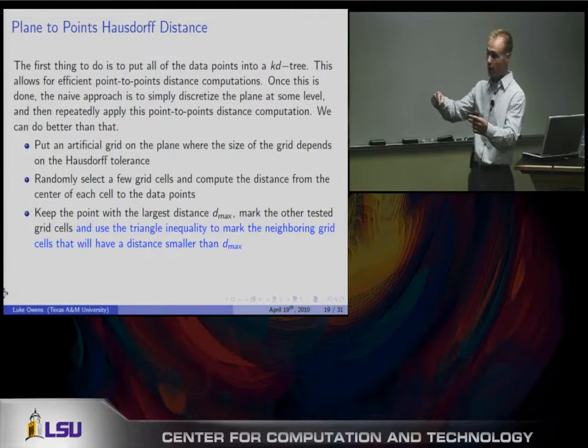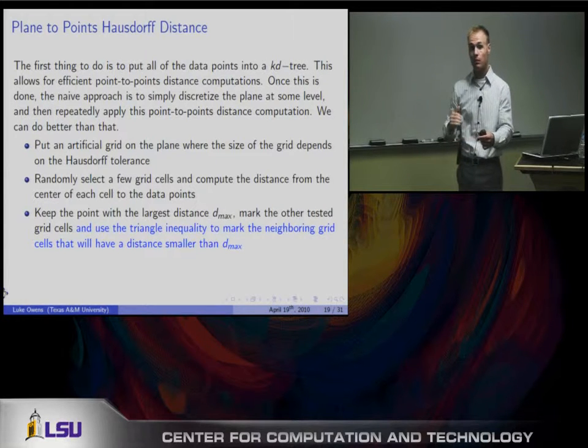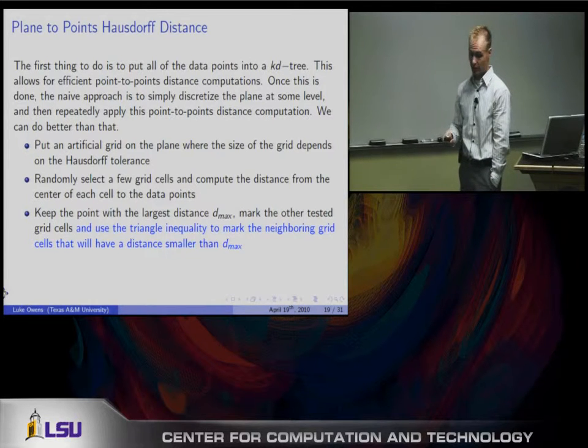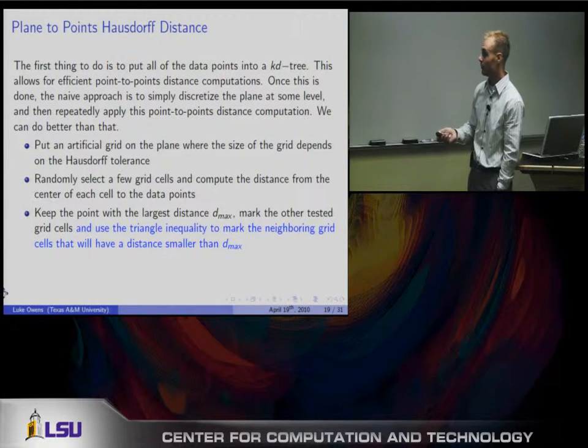If you're right here on the plane and your distance to the data points is small, then your surrounding grid cells also have a small distance to the data points, and you can approximate this by the triangle inequality. So you have this one largest distance, you have this small distance, so create basically a circle around this point, and any grid cell within that circle is definitely smaller than this distance, so we don't have to worry about computing their point to plane or point to data points distance. Right? So this will hopefully dramatically improve our speed up a lot of the time.